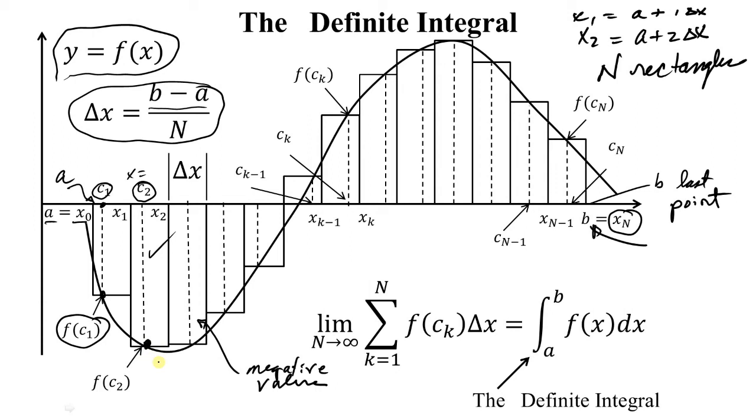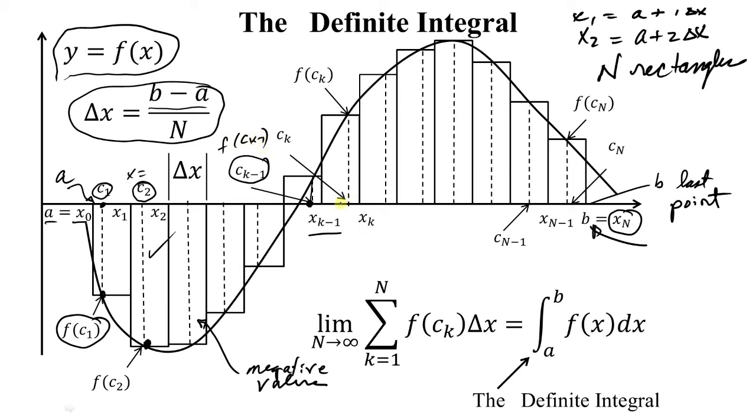And we've drawn here the k minus 1 rectangle, and have the point c sub k minus 1 at this point, and find that its value is f of c sub k minus 1.